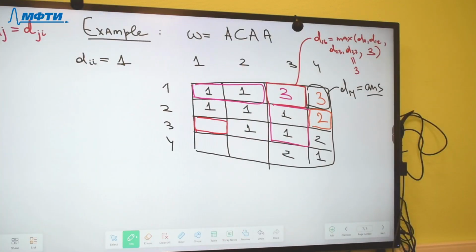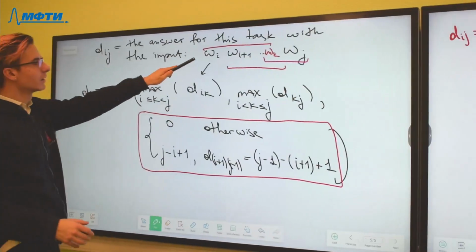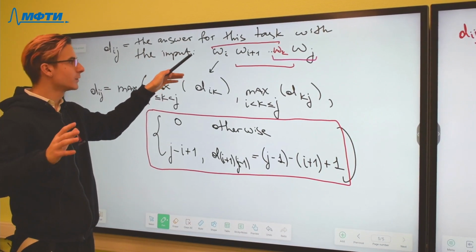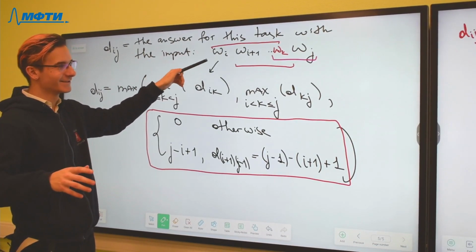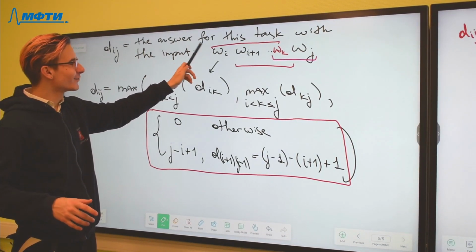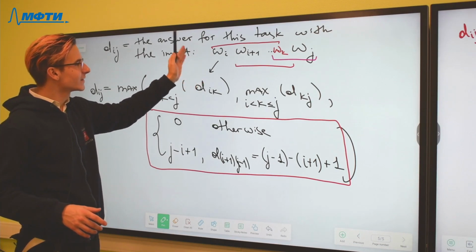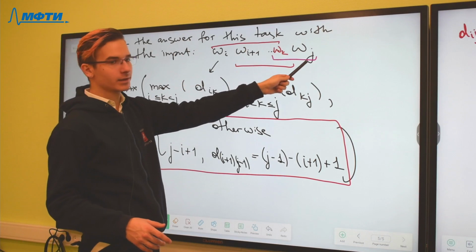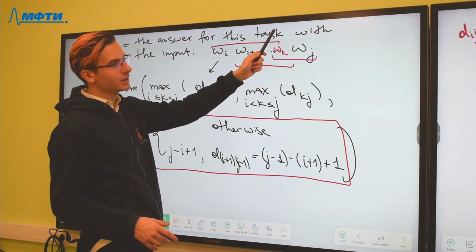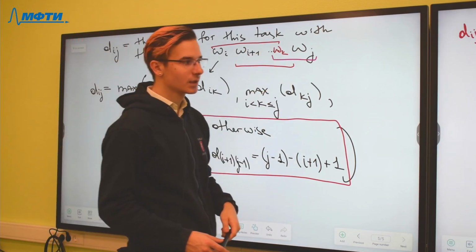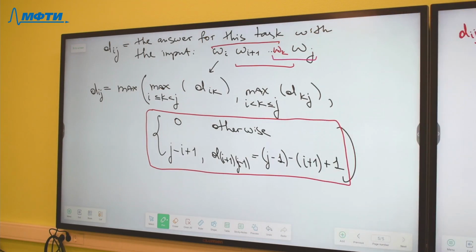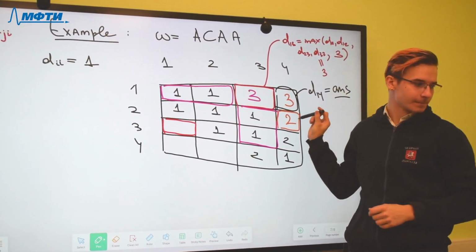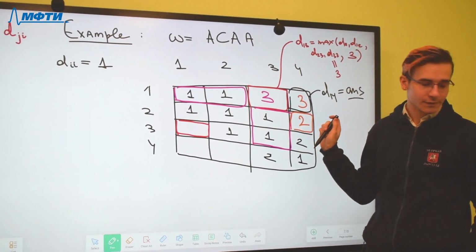Because if we talk about the whole word, it means that we start with the first character and we end with the n character. So it is equal to D with index 1 and n. For this example, it is equal to 1 and 4.